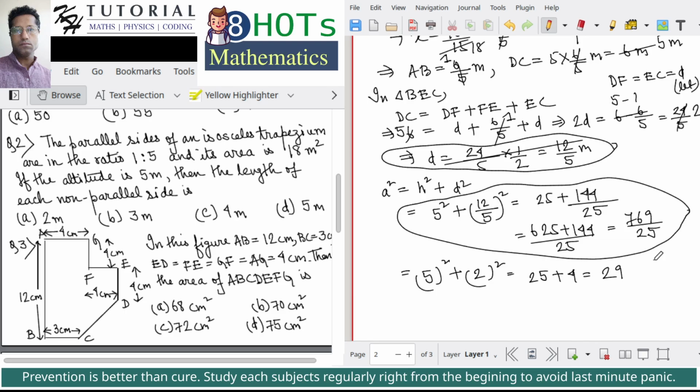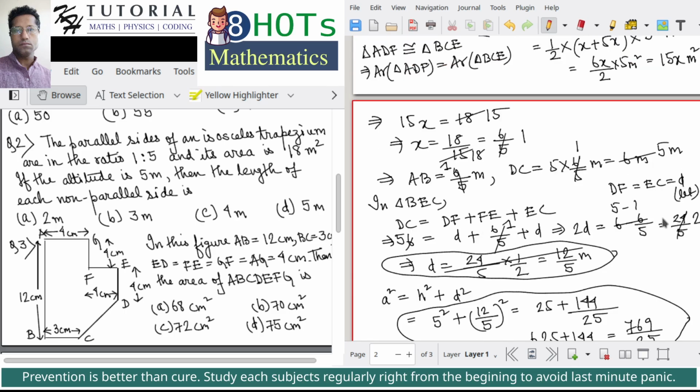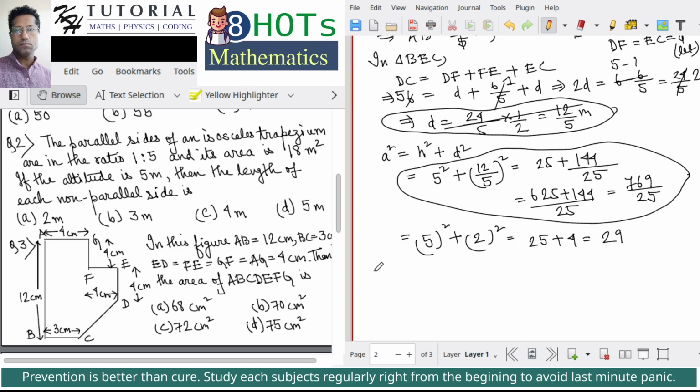Anyway, I think the data is given incorrectly in the problem. The more important thing is how we are solving the problem, the steps and the concepts being applied. So this implies A will be square root of 29, considering the area of the trapezium is given as 15 meter square.